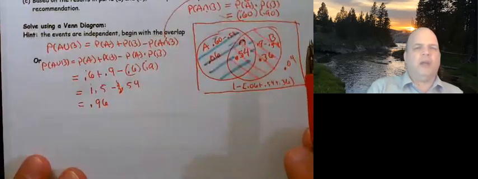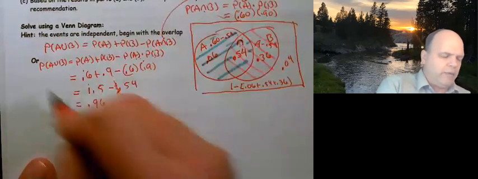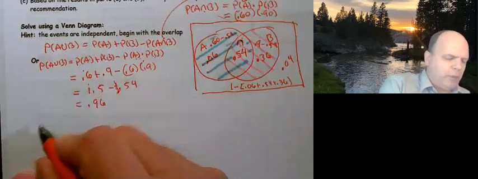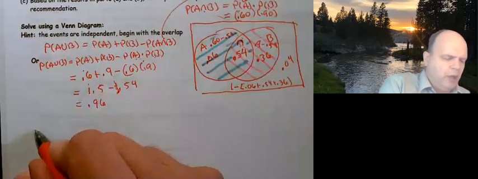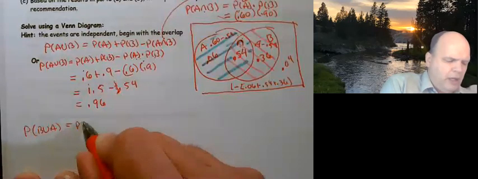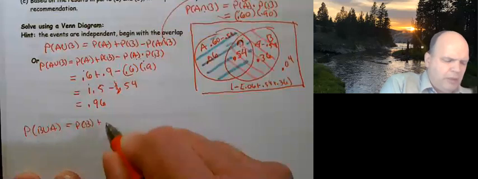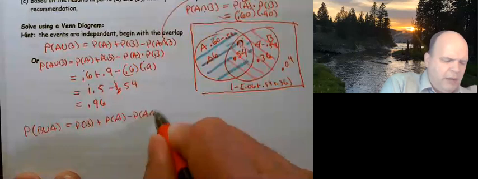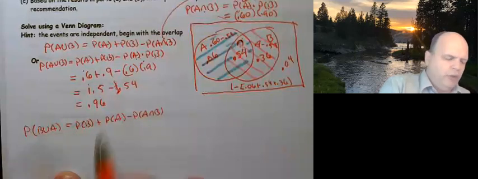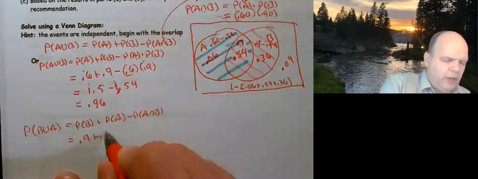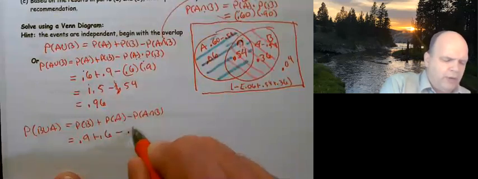Now, this was working at it from a plan 1 perspective. Had I worked at it from a plan 2 perspective, it would have been the probability of B union A equals the probability of B plus the probability of A minus the probability of A and B. So this again just becomes 0.9 plus 0.6 minus the 0.54.